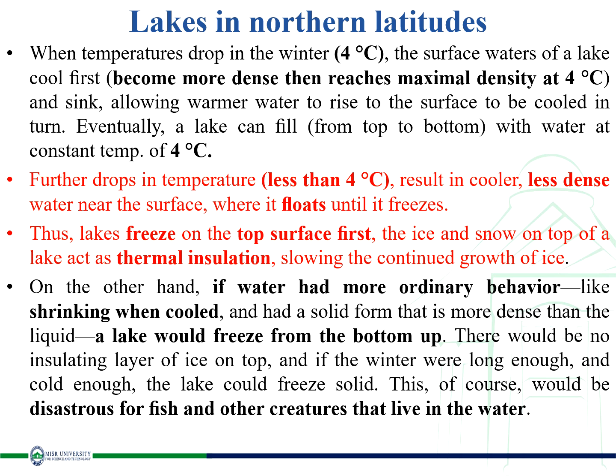However, further drops in temperature, below 4 degrees Celsius, cause water to become less dense. So, the cooler, less dense water stays at the surface, where it then freezes. This forms a protective layer of ice and snow on top, which acts as a vital thermal insulation, slowing the continued growth of ice downwards.